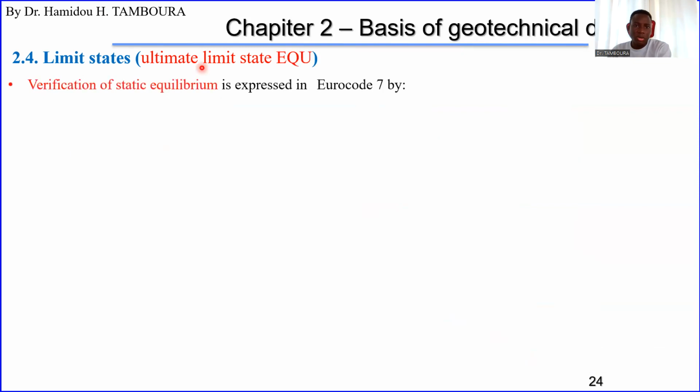So let's talk now about the equilibrium limit state, and how we verify it. Verification of this static equilibrium is expressed by this formula: E dst should be less than or equal to E stb. I think I have explained this before.